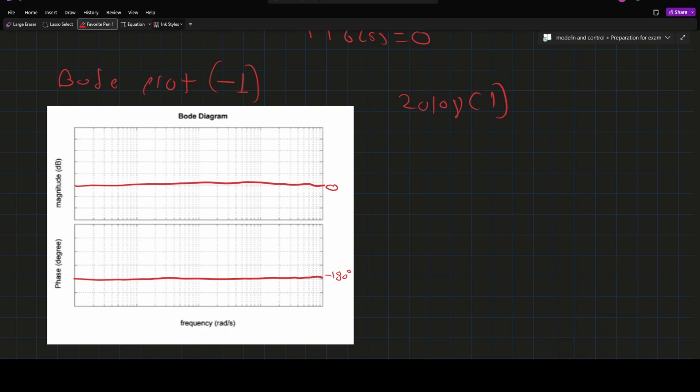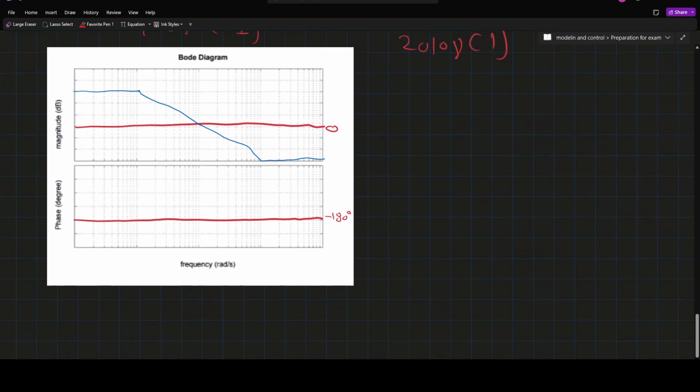So for example, let's say that we have a g of s that looks something like this. This is just a random transfer function that I'm writing here. This is the gain Bode plot, and here we have the phase.